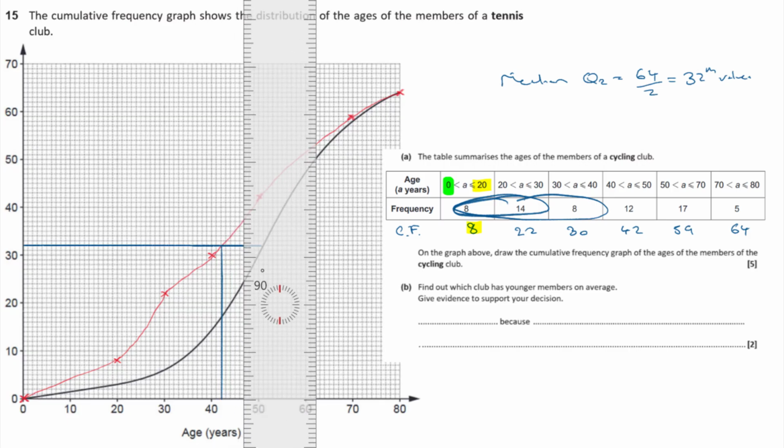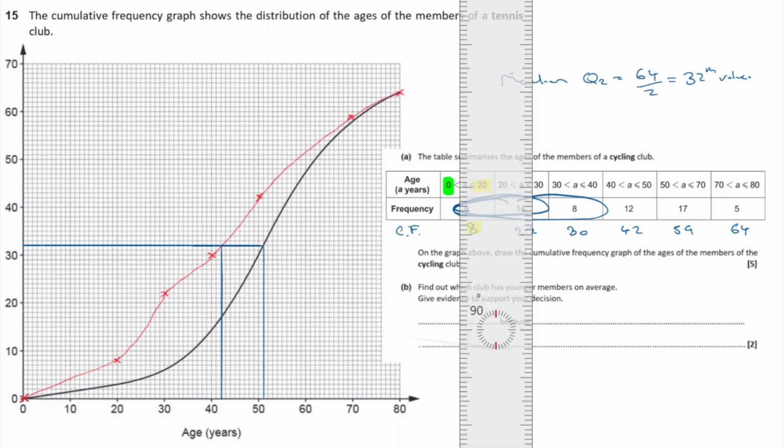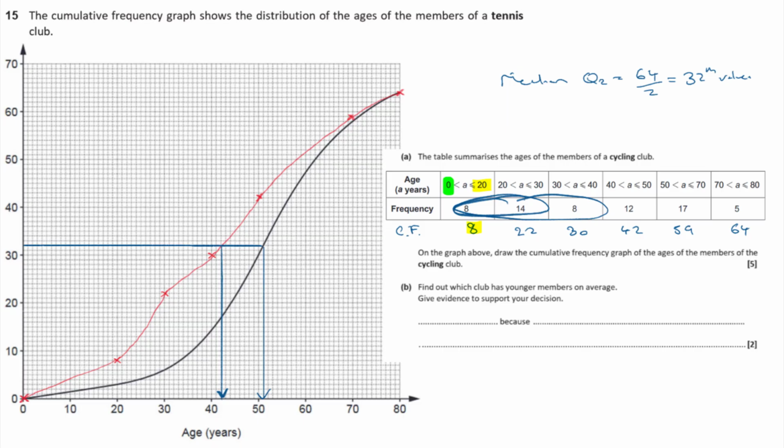Sorry, the cycling club. And then the median for the tennis club is going to go there. Okay, so the median for the tennis club is going to be, what's that, 51. And then the median for the cycling club is a little bit younger, it's 42.